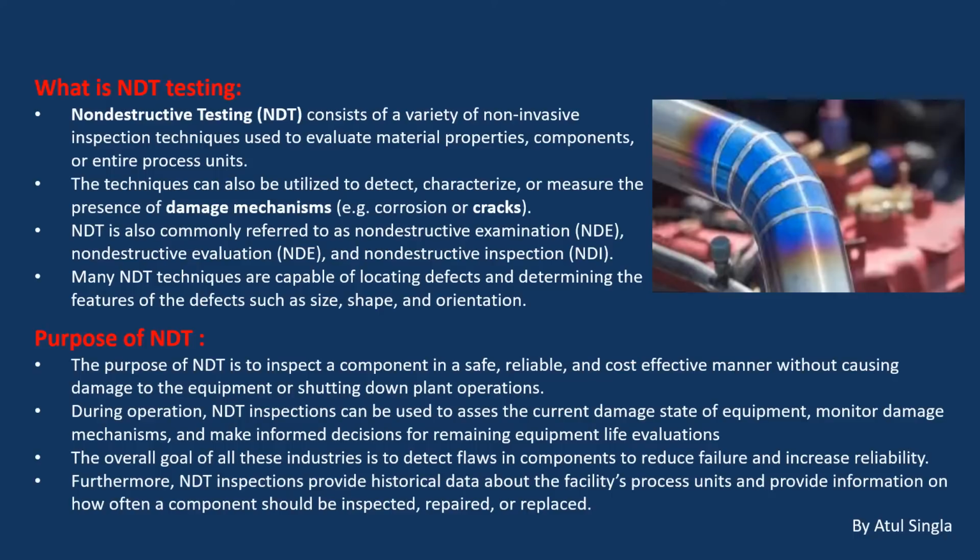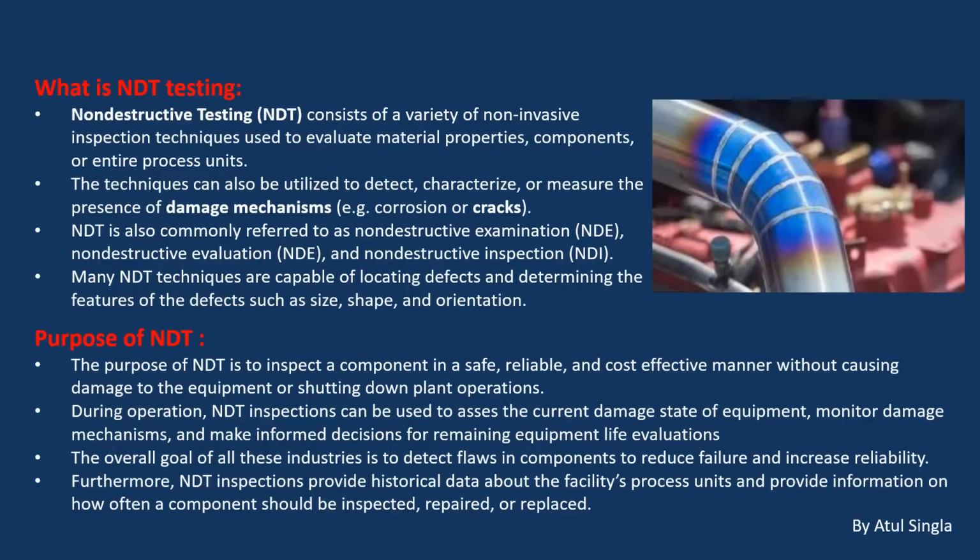So in the end, what we are trying to perform is we need to identify the defects, or we need to determine a few of the features of the defect, such as size, shape, or orientation. Okay, so this is the main purpose behind this. So now if you look at the actual purpose, right, we need to inspect the component whether it is safe, reliable, or cost effective.